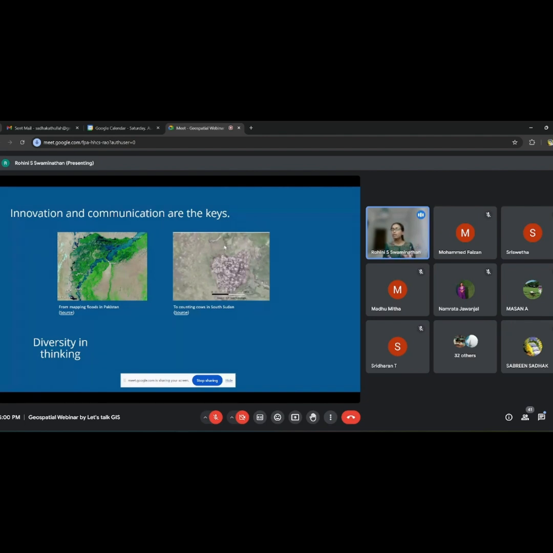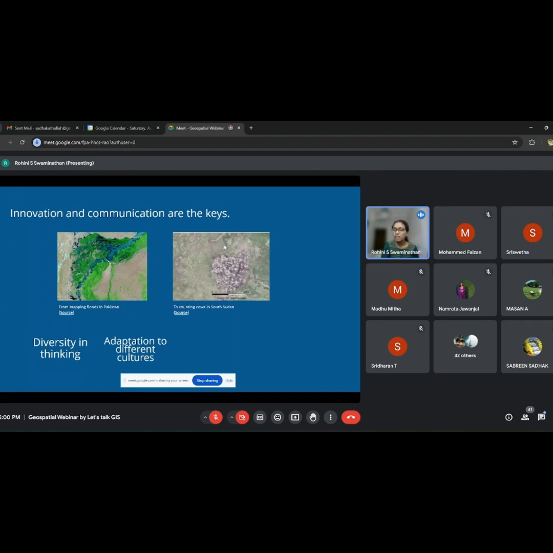Because what you are learning right now is an incredibly versatile tool that's going to let you go into agriculture, environment, climate, disaster, like literally any field on this planet depends on geospatial data. So you need to get that diversity in your thinking as you're working through your degrees now.